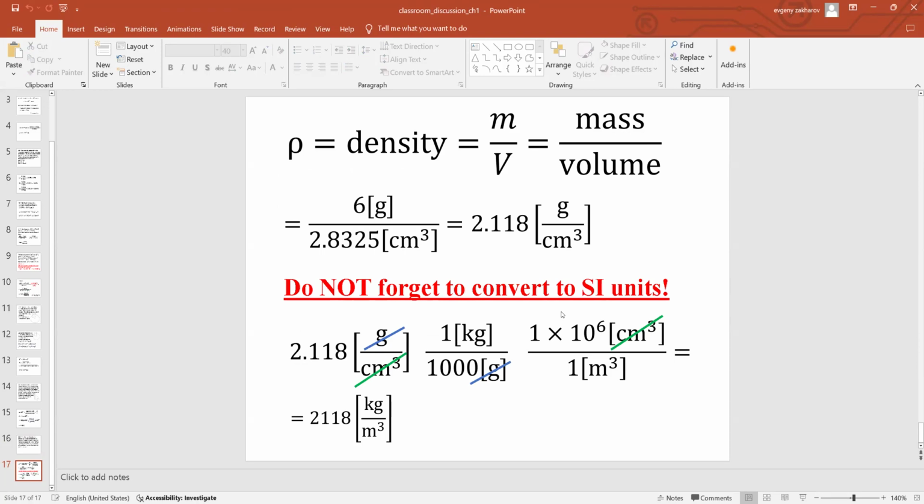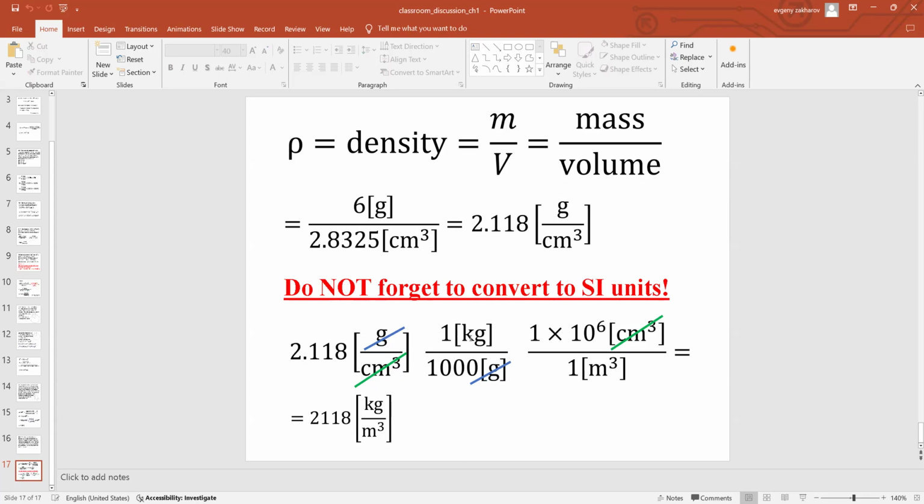I can subtract a lot of points because technically it is the correct answer. 2.118 grams per centimeters cubed is the correct answer for the problem. But the point for the lab and the course is in general that you learn System International units. So please convert to System International at all times.